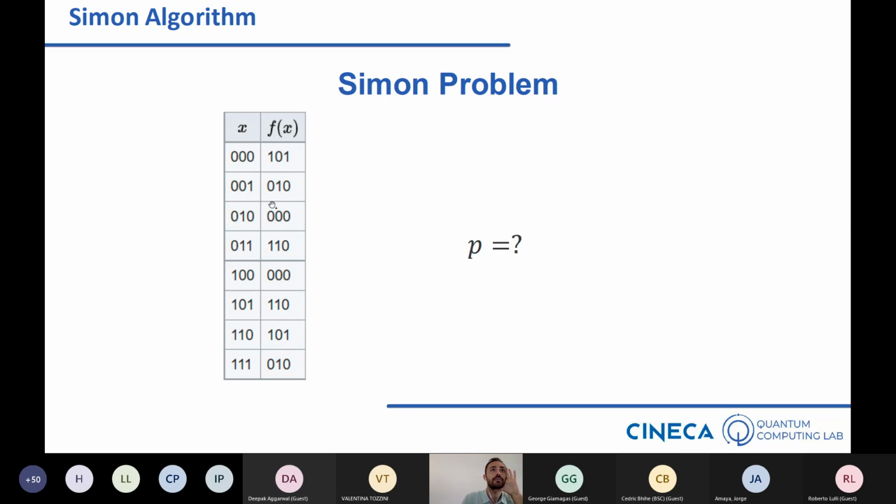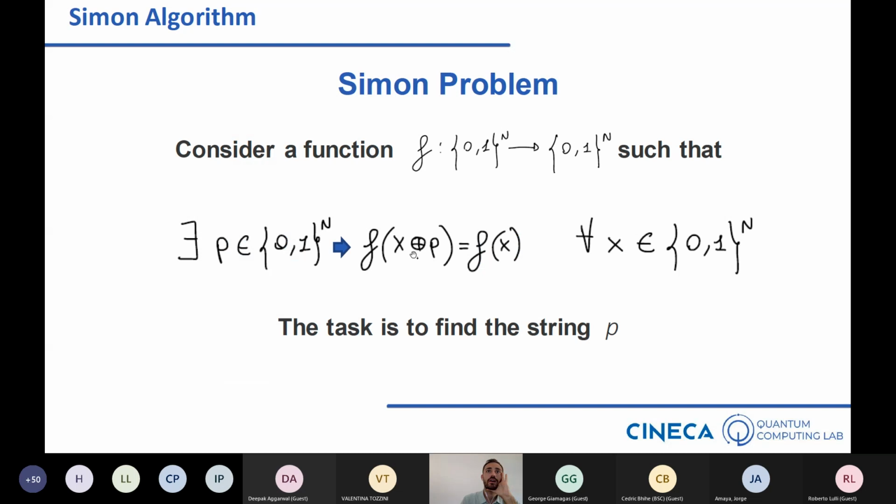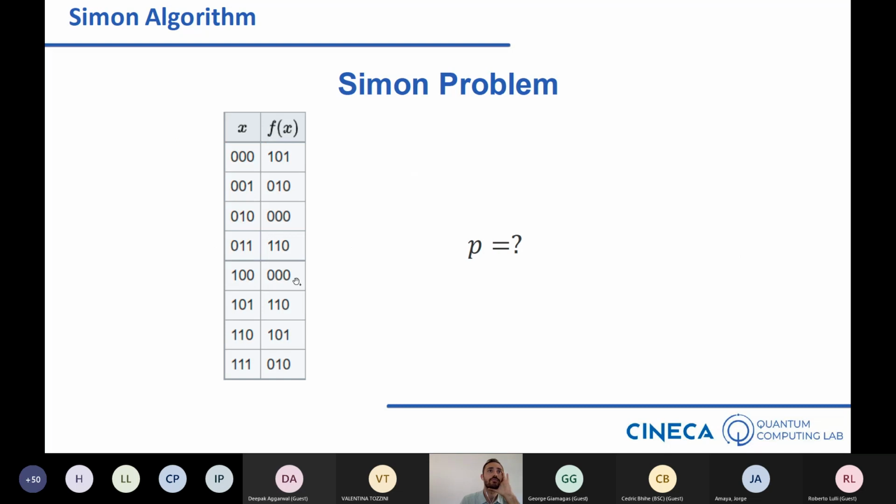If the input is 0, 1, 0, f of x is 0, 0, 0. But also if the input is 1, 0, 0, the f of x is 0, 0, 0. So you want to find the p such that x plus p is equal to f of x. Can you guess what p is?